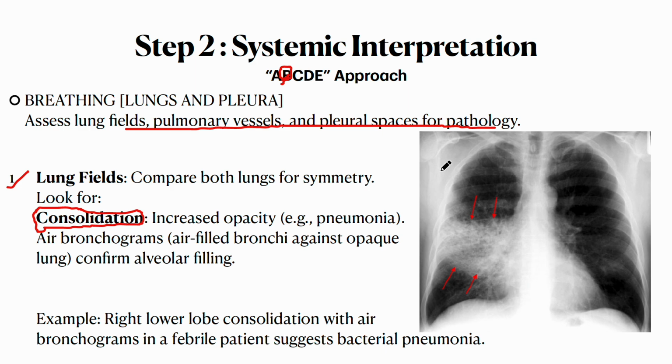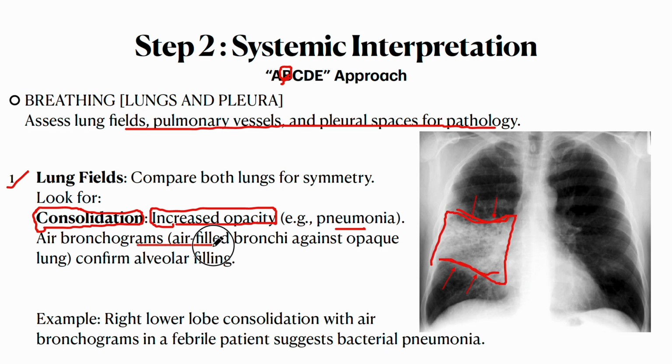So let's see how a consolidation appears. Increased opacity is consolidation actually. That happens in pneumonia. As you can see, this is a case of right middle lobe pneumonia, right? Lobar pneumonia actually, right middle lobe. So here you can see clear-cut consolidation, right?